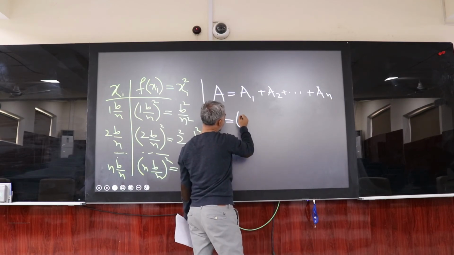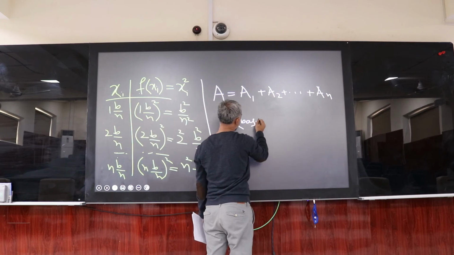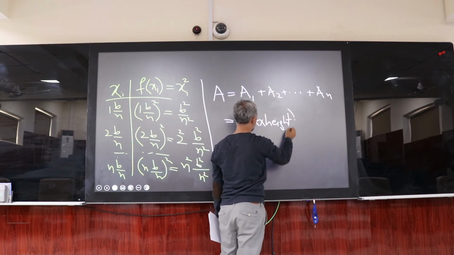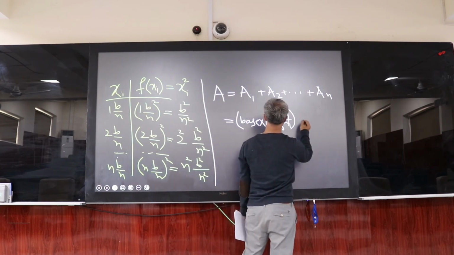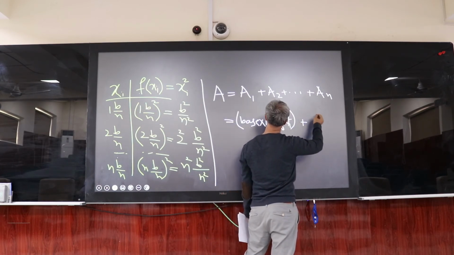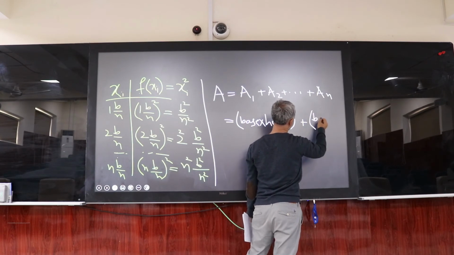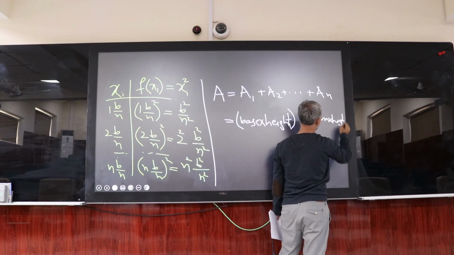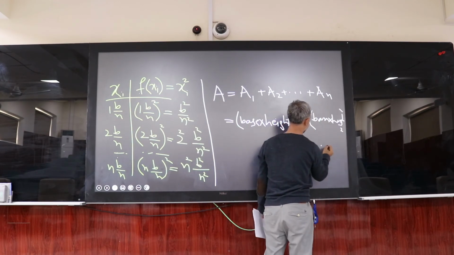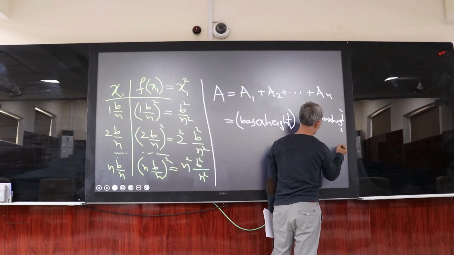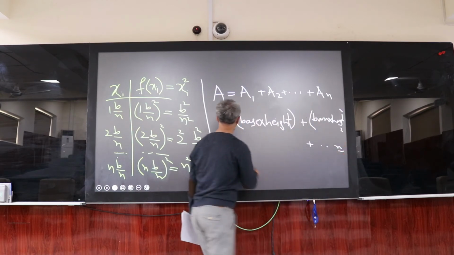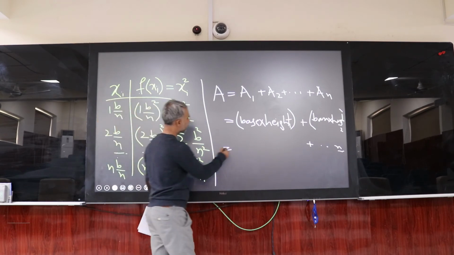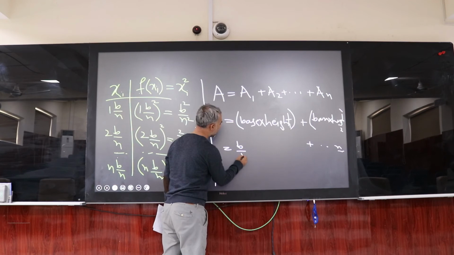Base into height of the first one, plus base into height of the second one. As I told you, the base will be the same for all n. So it will go like this: b over n is the base.